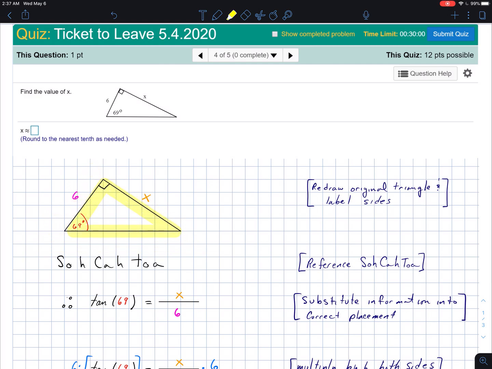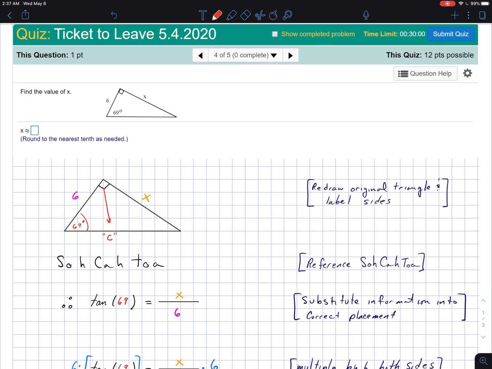So what we always remember on how to label the triangle, right? We always look at the right angle, the side that is opposite the right angle is the hypotenuse, so that's technically C, right?